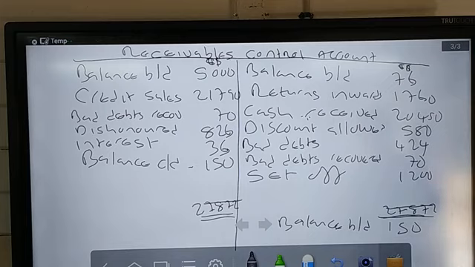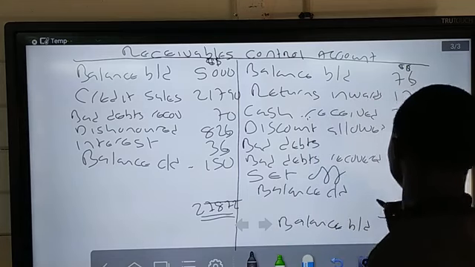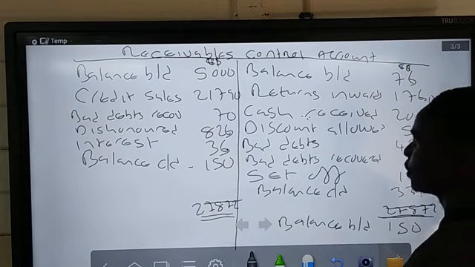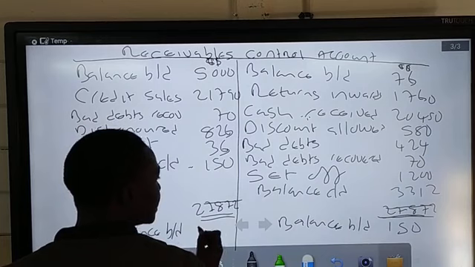Then I subtract the difference: 27872 minus 1200 minus 70 minus 424 minus 580 minus 20450 minus 1760 minus 76. We get a balance c/d of 3312. Then I record it on the debit side as our balance b/d.